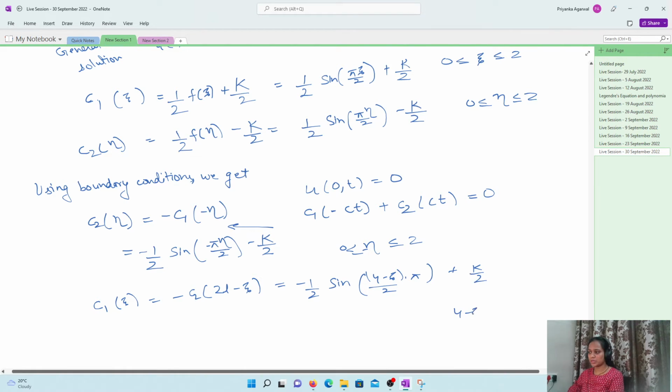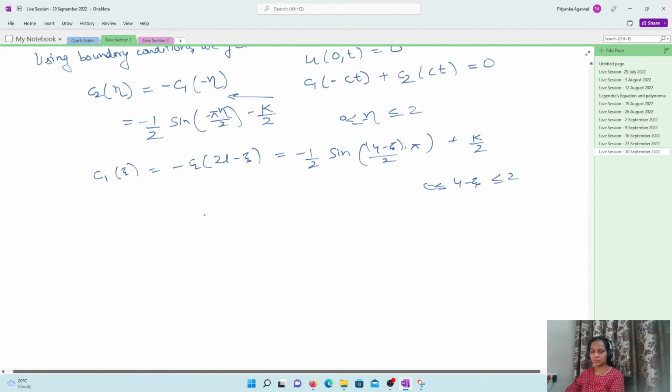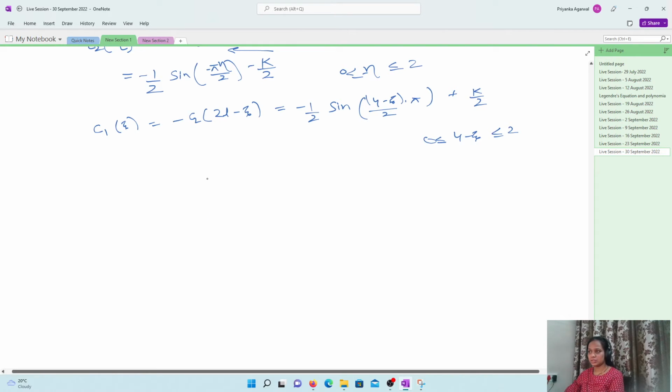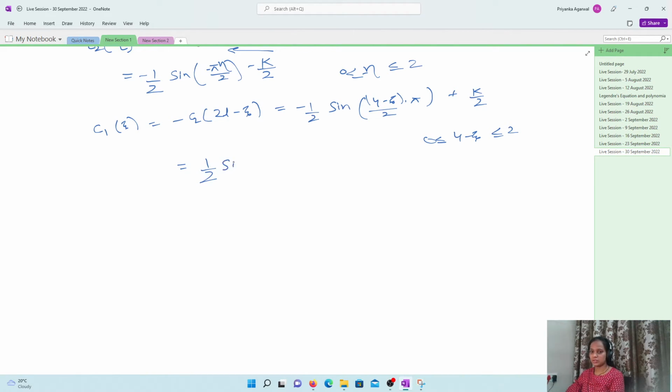And now this 4 minus xi is between 0 to 2. Okay, and then this becomes 1 by 2 sine pi xi over 2 plus K by 2. The pi is now equal to 4.